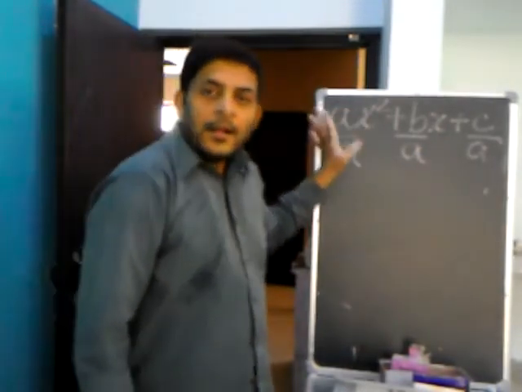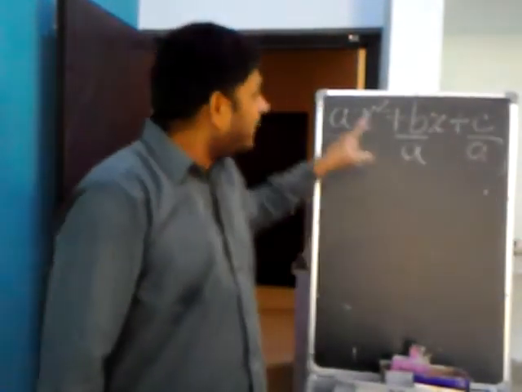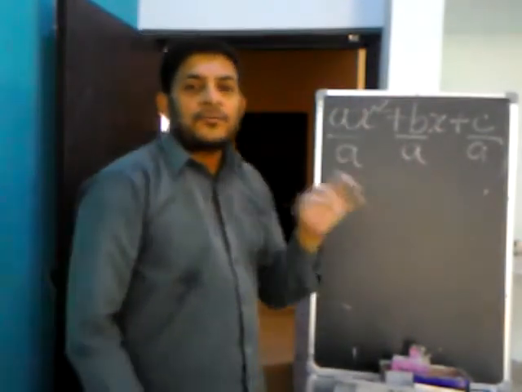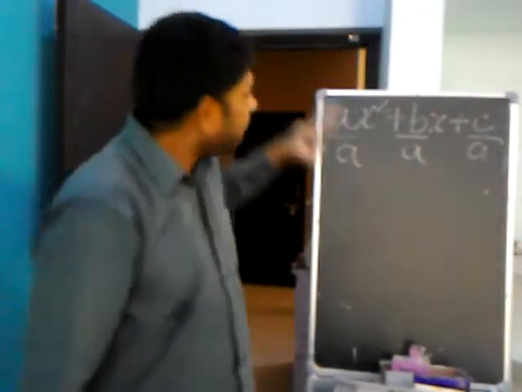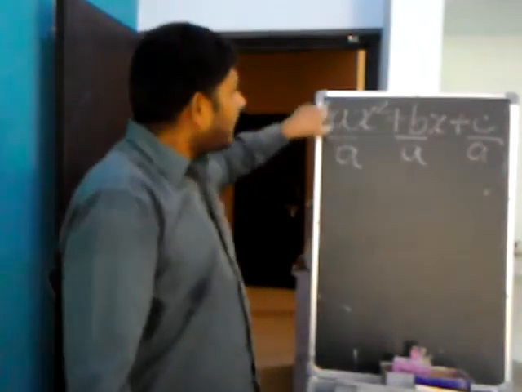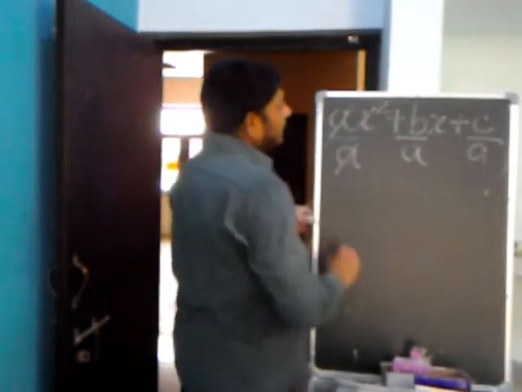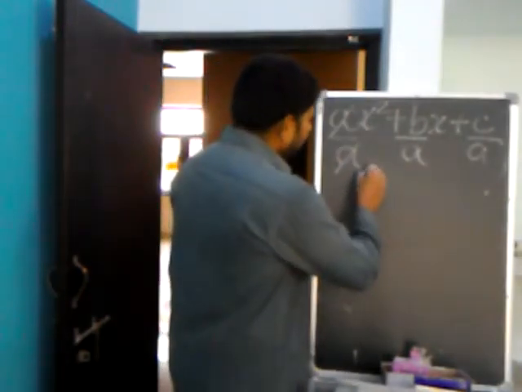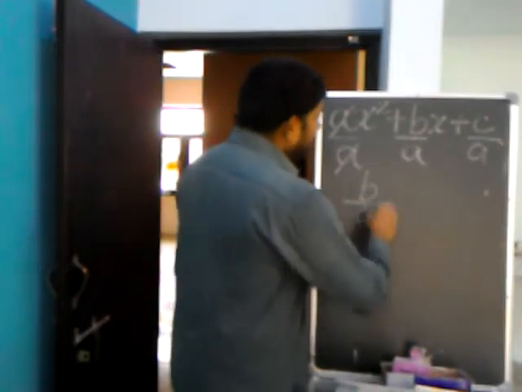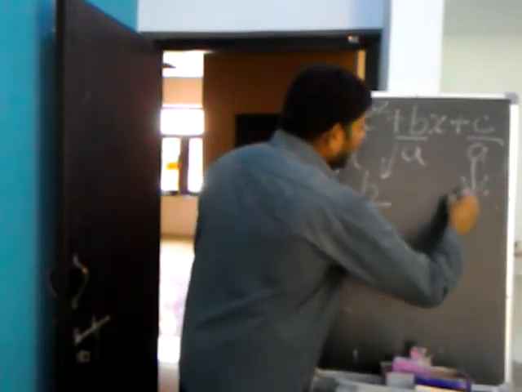This value can be anything. In the first step I have to divide all three terms by the coefficient a. Now a divided by a gives 1. Then comes the part of b upon a, and this becomes c upon a.